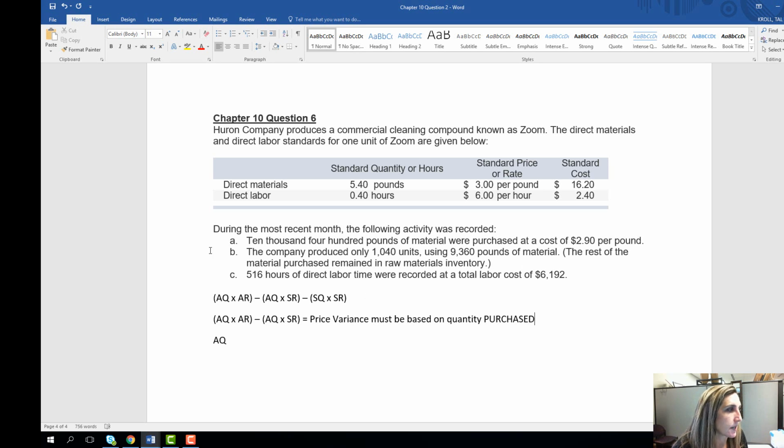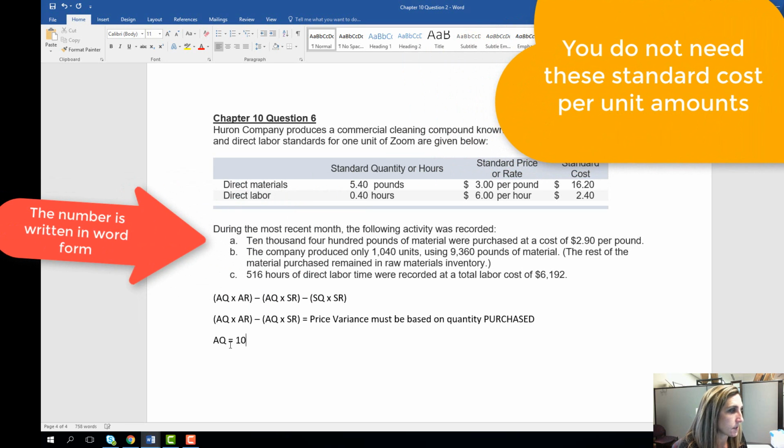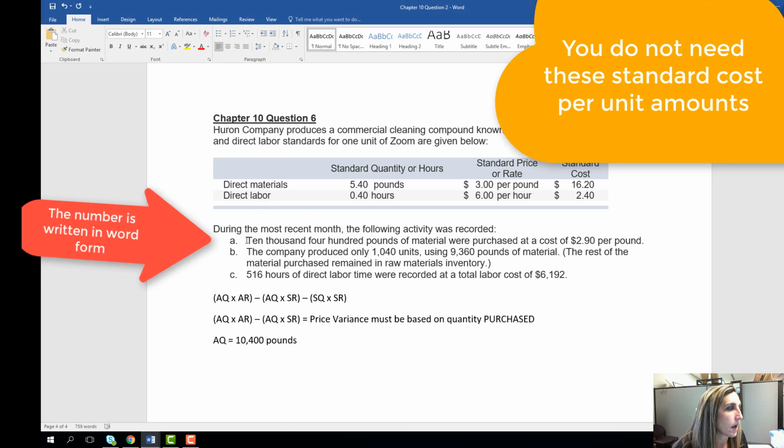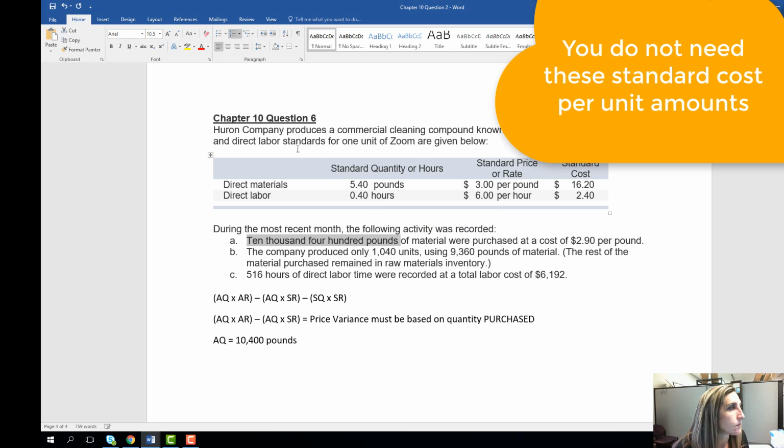In our problem, it says that the quantity purchased is 10,400 pounds. That can be found in the very first sentence. I'm going to highlight that. So that's where this number is coming from. That's my AQ.